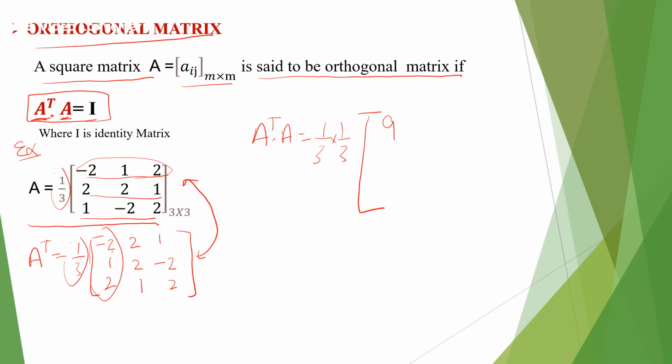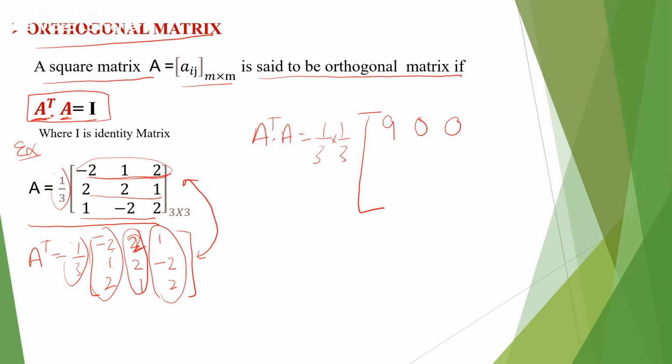Then the first row with the second column, we get -2 into -2 is -4, plus 2 and plus 2, we get 0. Similarly, when we multiply the first row with the third column, again we get 0.